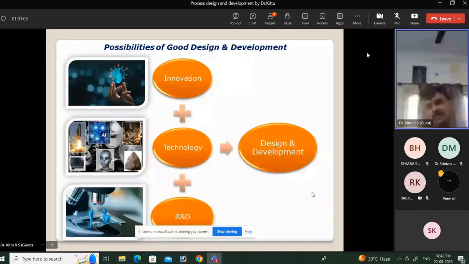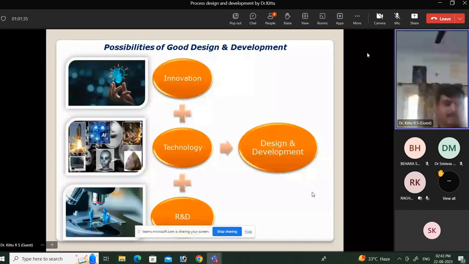I know very well you have different departments, whether it is a mechanical department or an electronic department, and different research activities are undertaken under the different departments. But in all the departments, these three factors will be impacting and considered for making a better outcome.